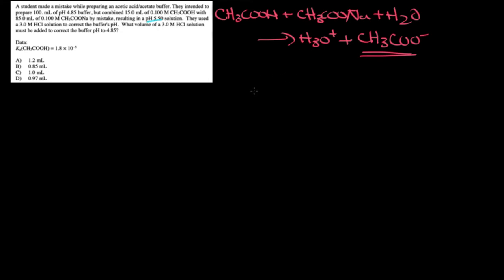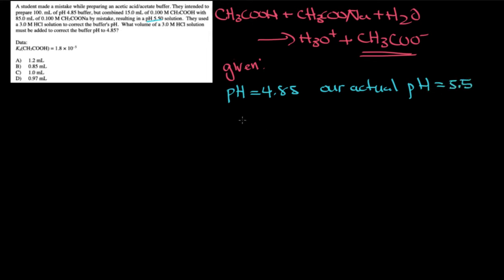So what we can use to figure this out is, actually, let's write out what's given to us. Change the color to make it a little bit clearer to see. Our intended pH is 4.85. Our actual pH is 5.5.